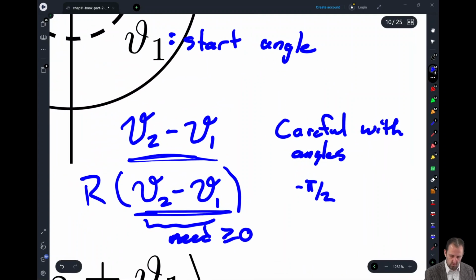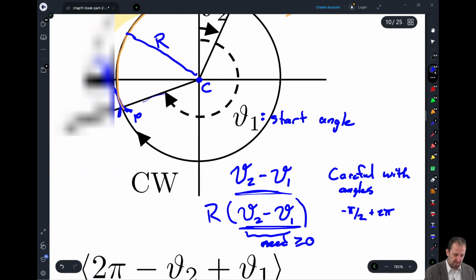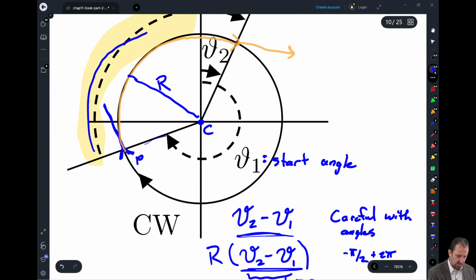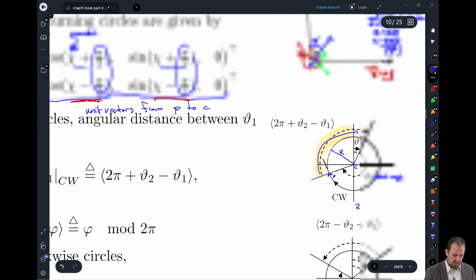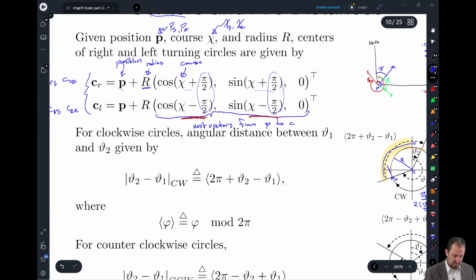So we're going to add 2 pi to it. That's going to be the same angle, but it gives us that positive amount of rotation because we're moving clockwise, so we're going at a positive rotation. So we have to express things as a positive rotation. Okay, so that's what this is coming in.